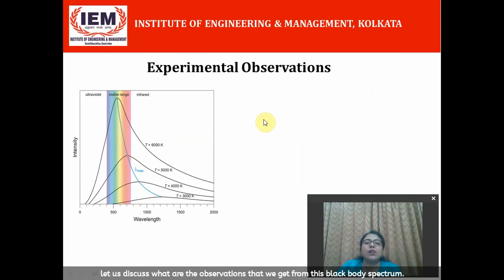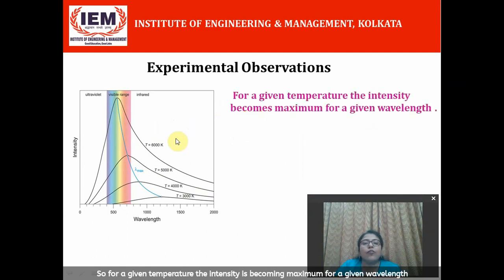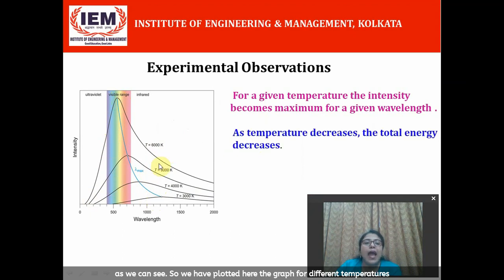Now let us discuss what are the observations that we get from this black body spectrum. For a given temperature, the intensity becomes maximum at a given wavelength, as we can see. We have plotted here the graph for different temperatures. As the temperature is decreasing, the maximum value of the intensity is also decreasing, and the total energy being emitted is decreasing, because the area under the curve gives the total energy emitted, and the area under the curve is decreasing as the temperature is decreasing.